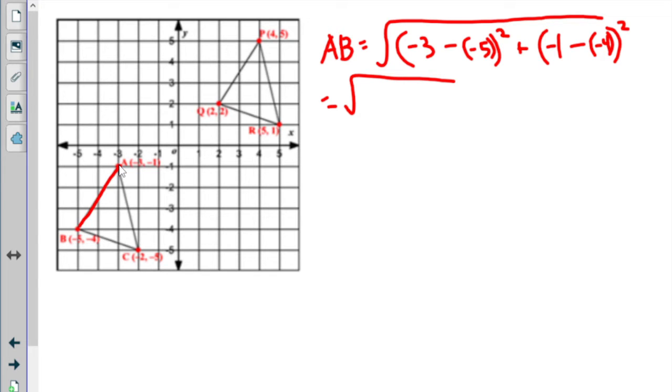-3 minus a -5. Remember, subtracting a negative is the same as adding. So -3 minus a -5 is -3 plus 5, which is 2. Then we have -1 minus a -4, which is -1 plus 4, which is 3.